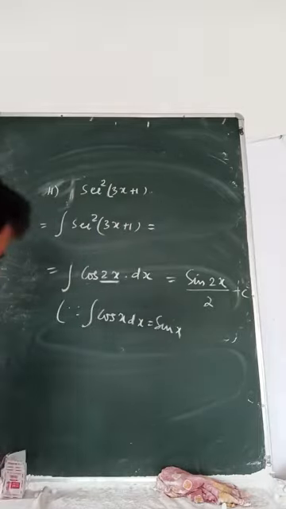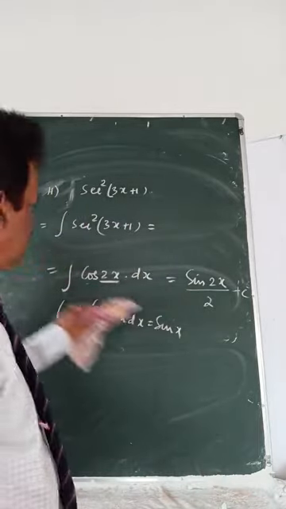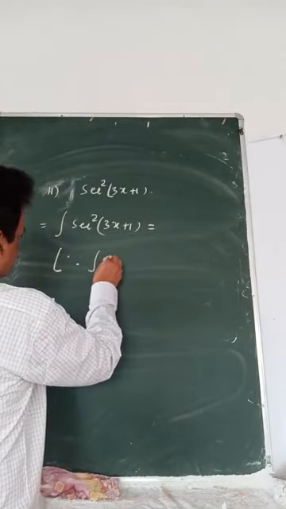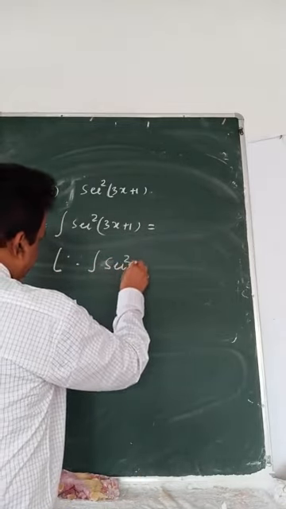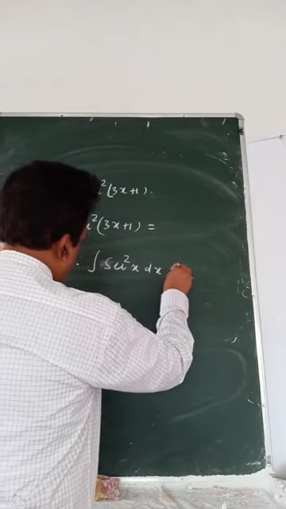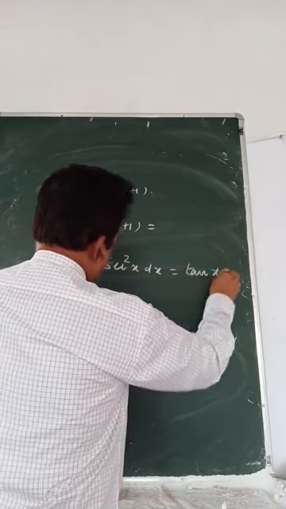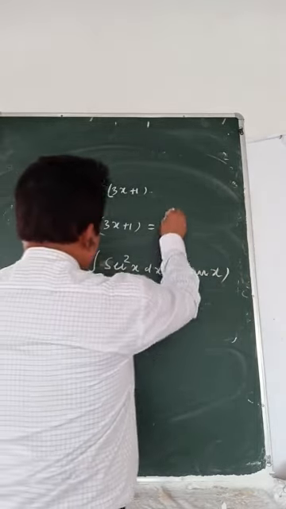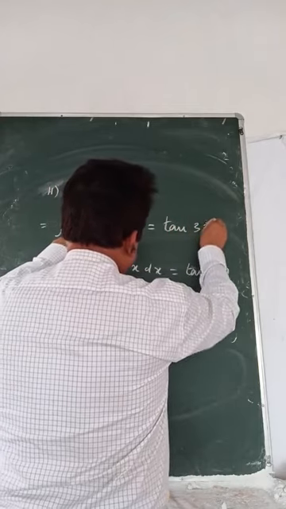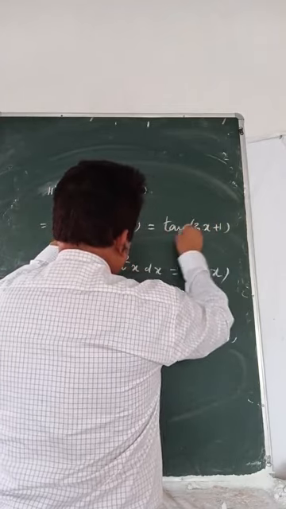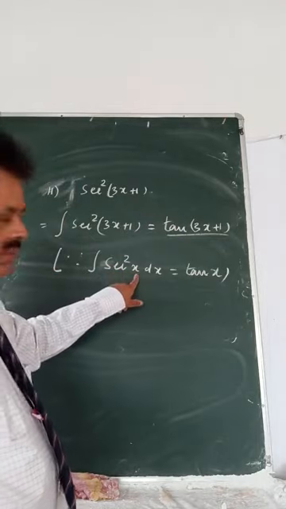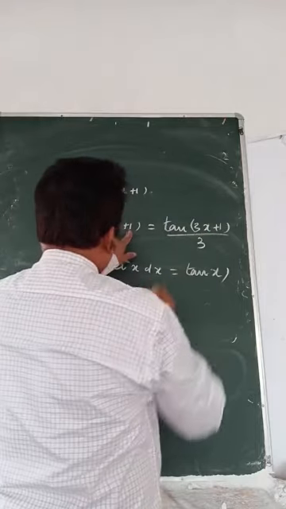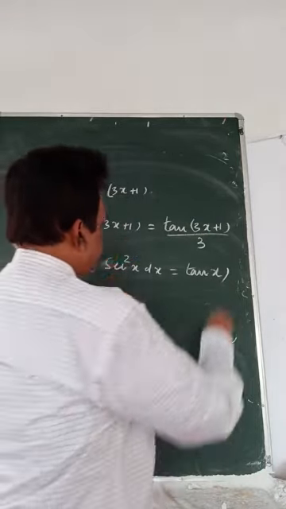You should remember the basic formula, that is integration of sec square x is tan x. So this will be tan of (3x plus 1). In place of x, you have got 3x plus 1. So its derivative you have to divide. That is 3. 3x का derivative 3, 1 का 0. Then a constant.